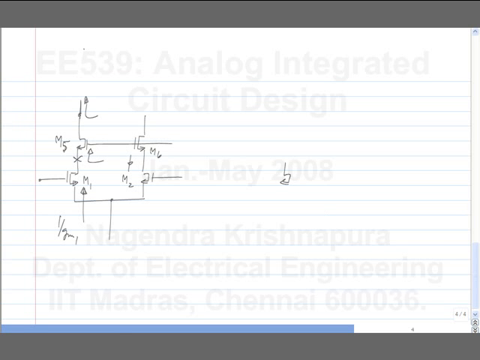I have M2 and 1 over GM1. So, what is the output resistance looking in here? This is degenerated by GM1. So, if it is some R, what is the resistance looking through this?